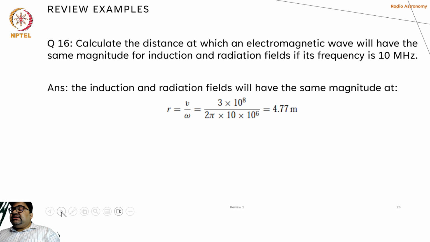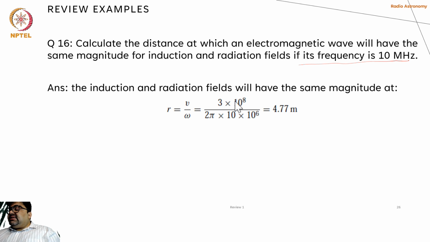Not very difficult. The last problem we are discussing today is: calculate the distance at which the electromagnetic wave will have the same magnitude for induction and radiation fields if its frequency is 10 megahertz.